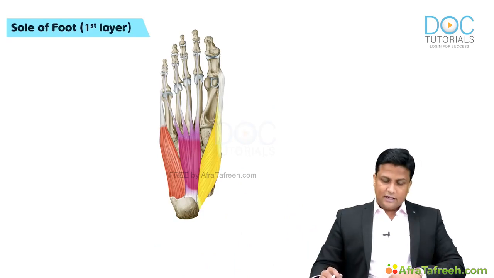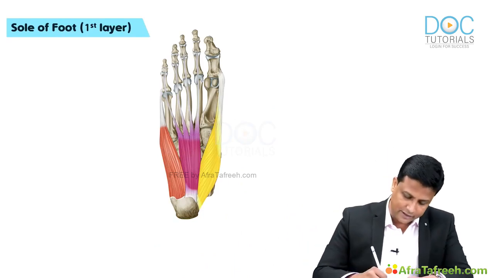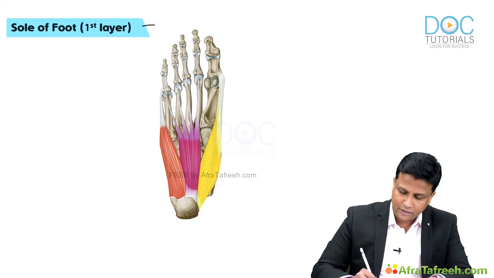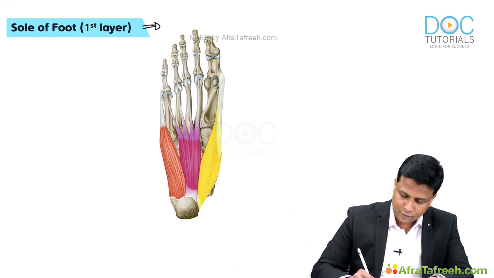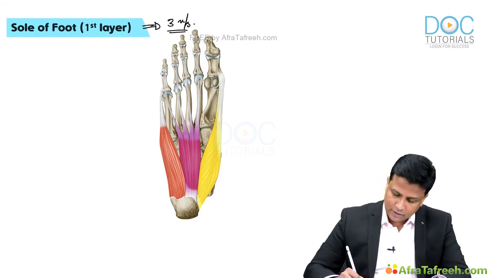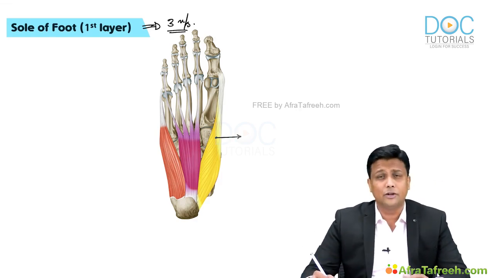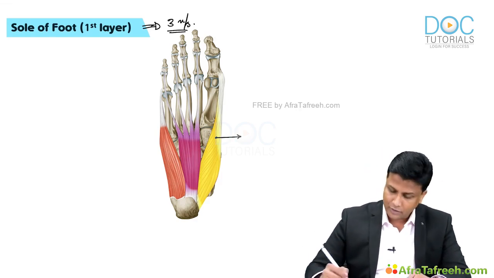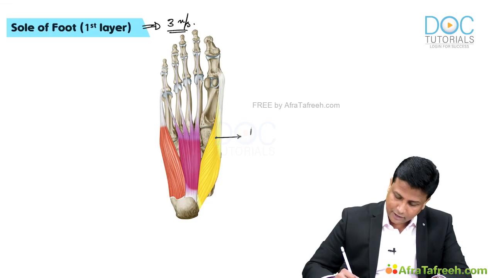Now in the first layer of the sole, you'll be totally having 3 muscles. Now what will be the name of these 3 muscles? Number 1, you are able to see one of the muscles going to the great toe, and that will be your abductor hallucis.